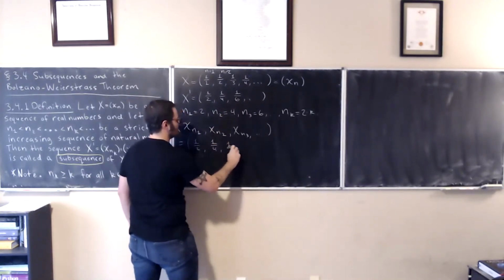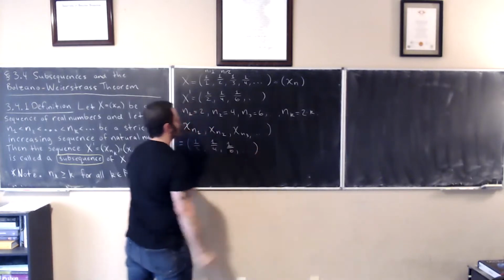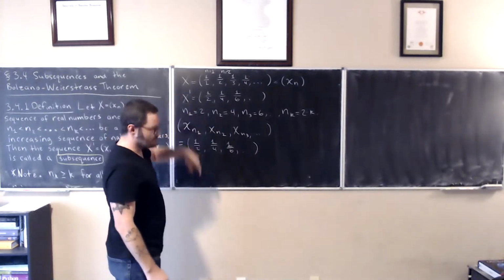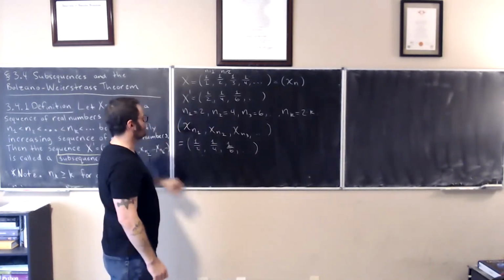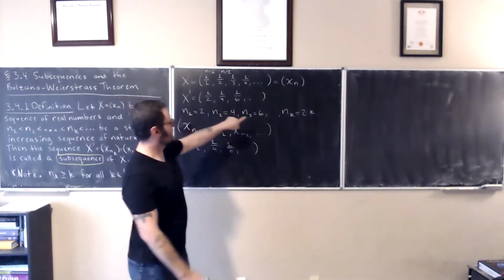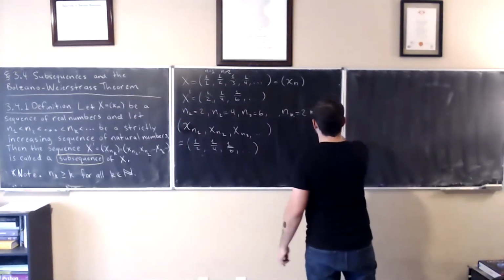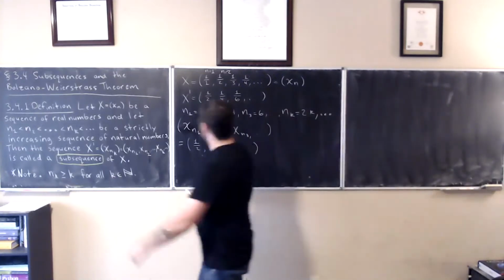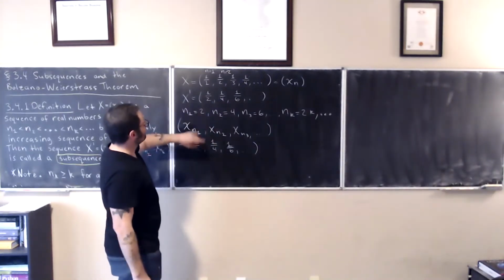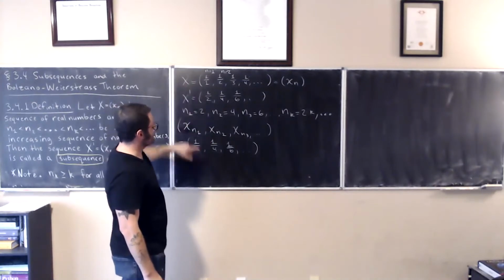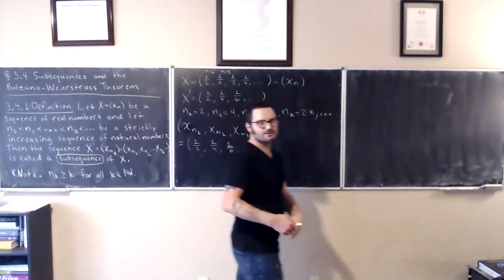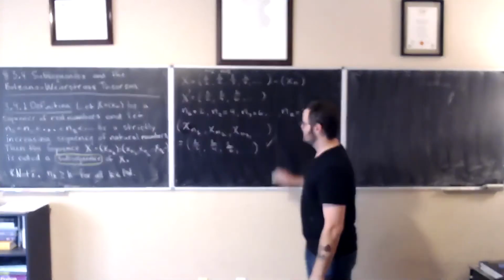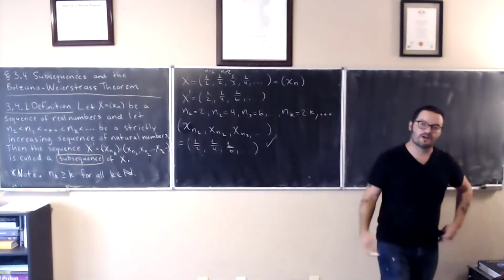And then the pattern continues. Okay, so this would indeed be a subsequence of x because we have an increasing list of natural numbers. With that increasing list, we pick out those indices from x, and then we put them into a sequence which forms a subsequence. So it's a valid subsequence.